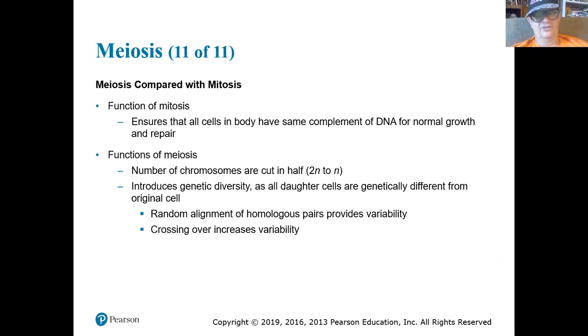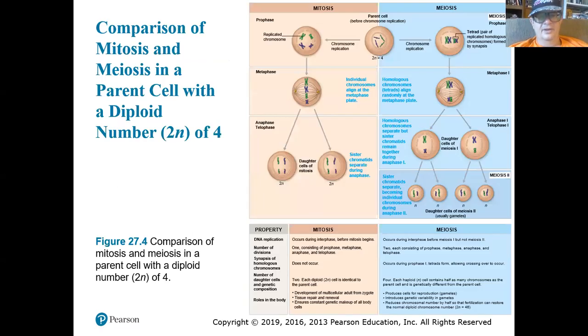They're unique combinations that neither parent had because you have some of your daddy's, some of your mommy's genes together. This crossing over gives variability. The randomization, the independent assortment, that gives variability. So here you end up with 4 not-the-same haploid cells that will become gametes, either sperm or eggs.